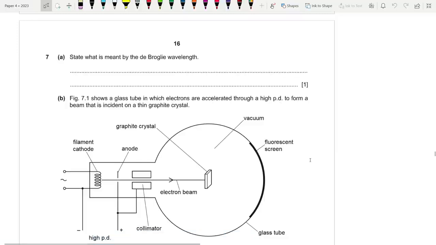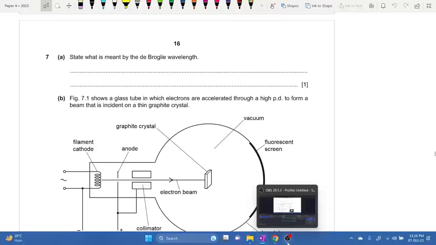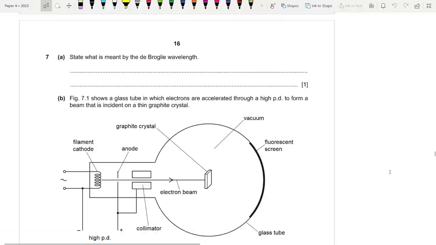Okay, so what is meant by the de Broglie wavelength? Basically, we know that the formula for the energy of a photon is E equal to hf.